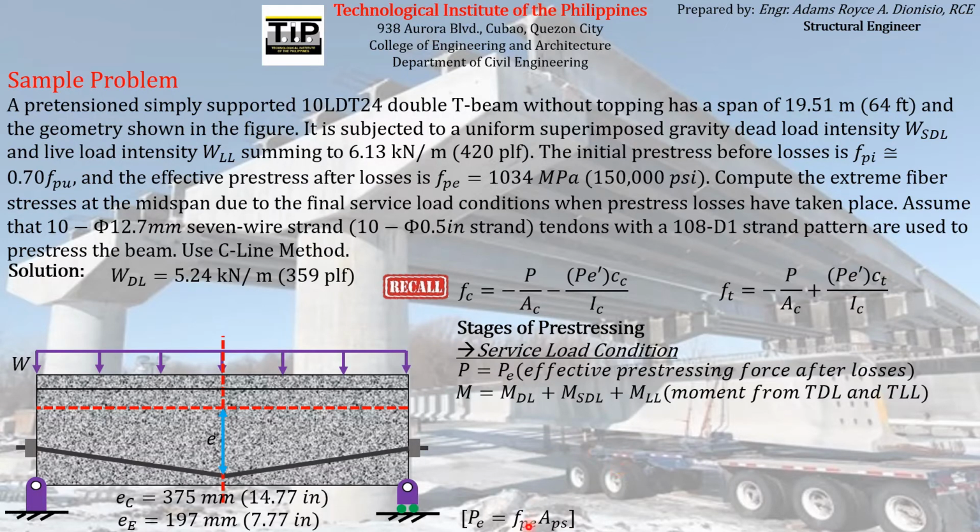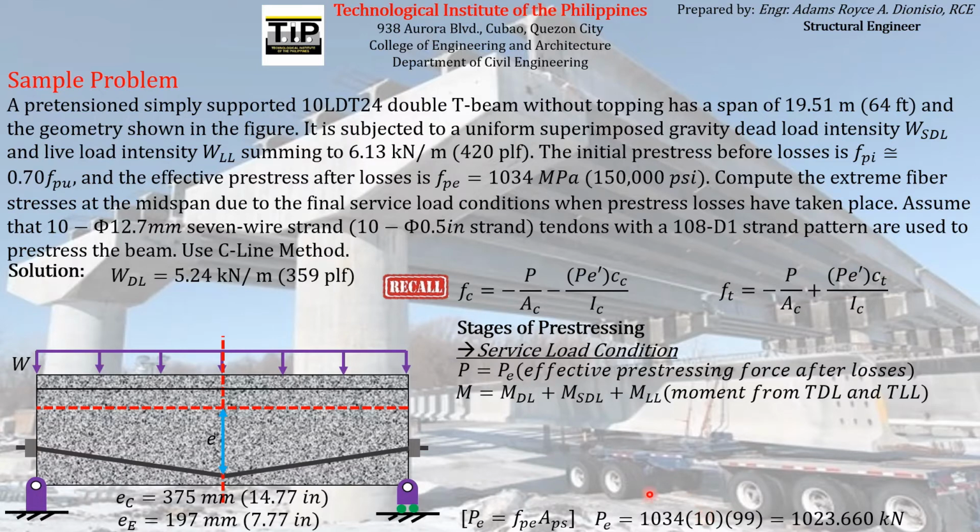So we just have to substitute all of those values here to find the effective pre-stressing force. This is the effective pre-stress given in the problem, and this is the total area of the pre-stressing reinforcement. The area of one 7-wire strand is equal to 99 mm squared, and since there are 10 of those, we have to multiply it by 10.